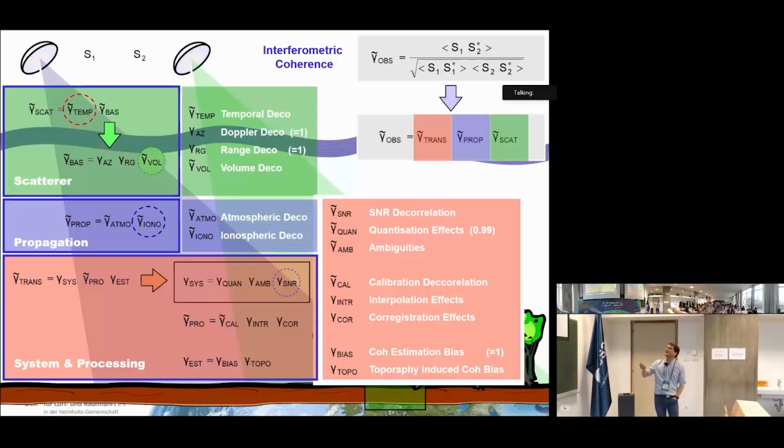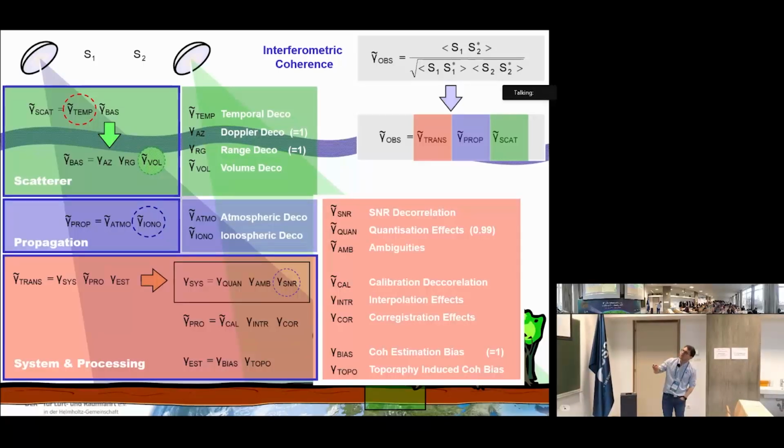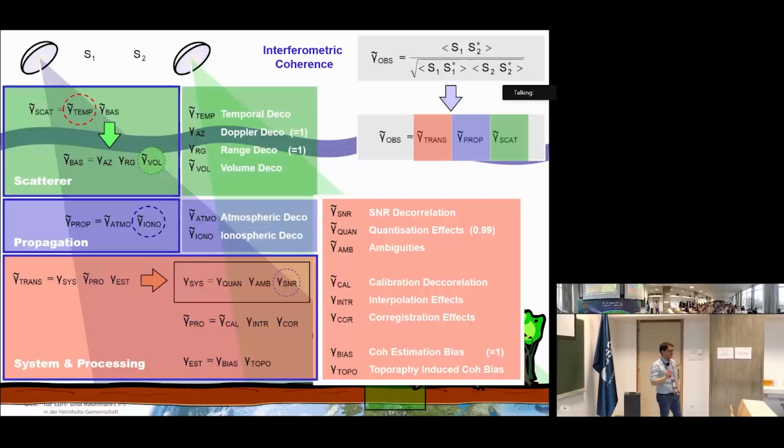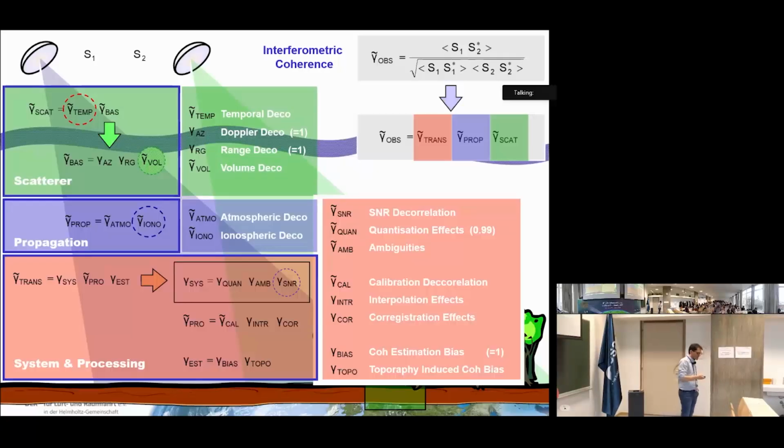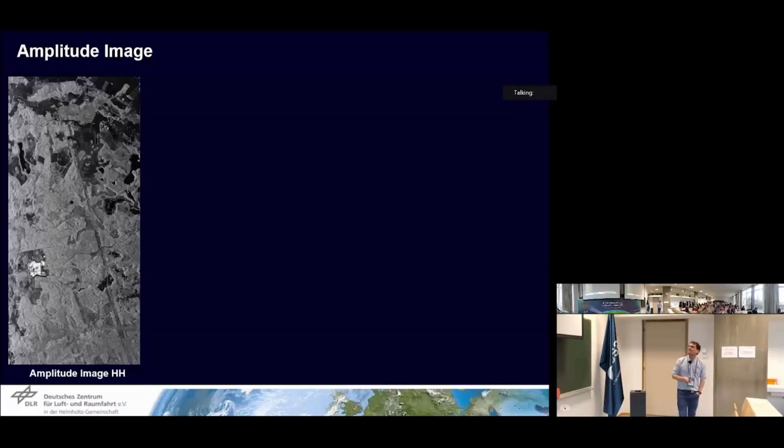When you arrive to the green part, that's painful. This you can still compensate for, but then gamma temp, the temporal decorrelation, is the part that is more difficult to know about. And in general, you don't know anything about it. And this is something that you must be able to deal with in your inversion.